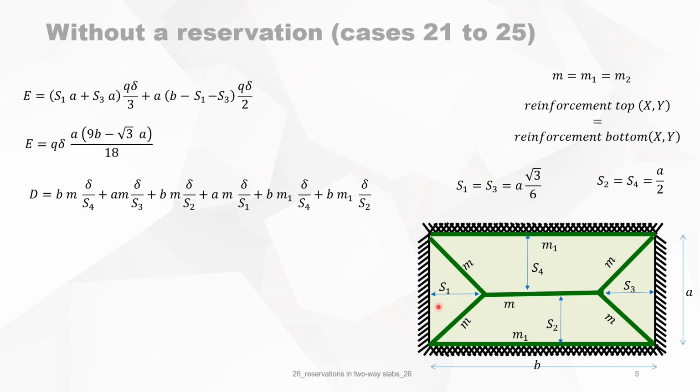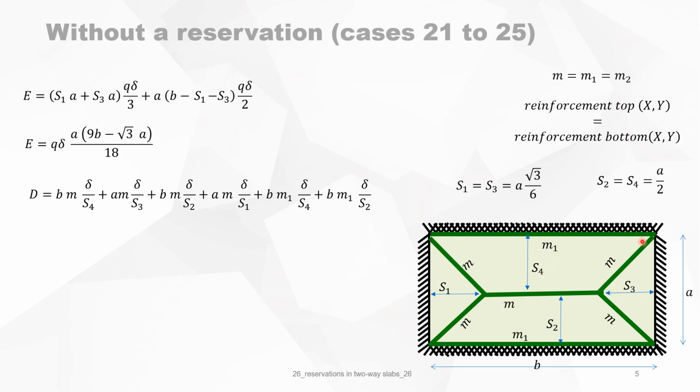The work done by the internal forces is M1 projected on this axis, so it's M1 times B times delta over S4. And this is M projected on this axis, so M times B times the angle delta divided by S4.